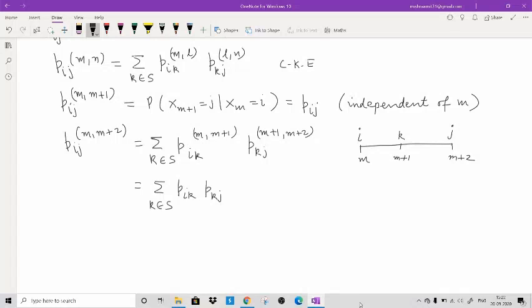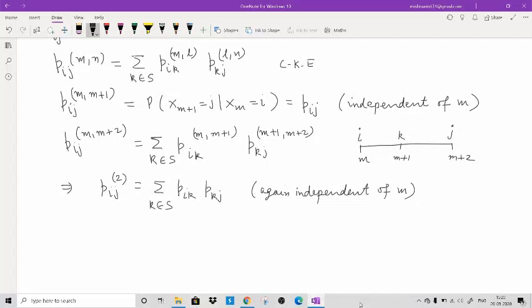So this expression, the sum of P_ik P_kj, is again independent of m, and it contains two probabilities. So we denote it P_ij with superscript 2. This is how we denote the time homogeneous Markov chain.